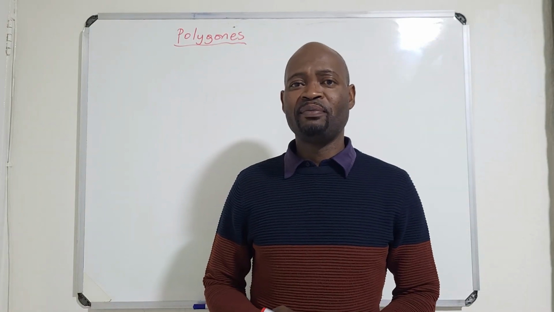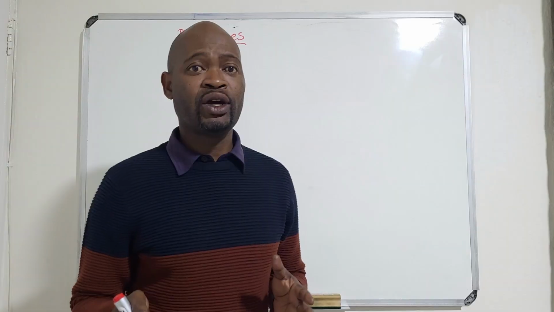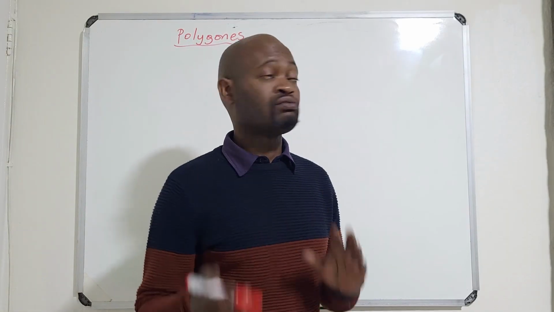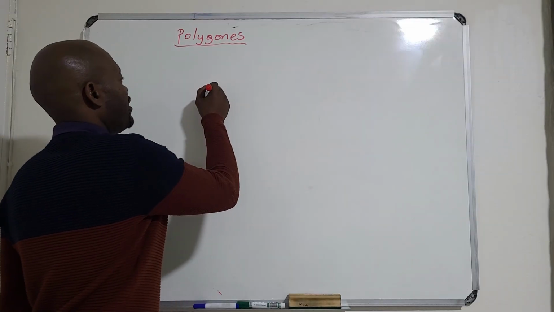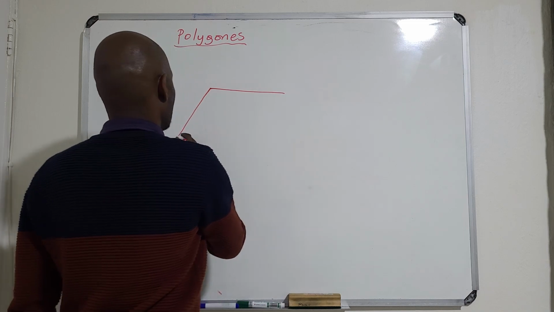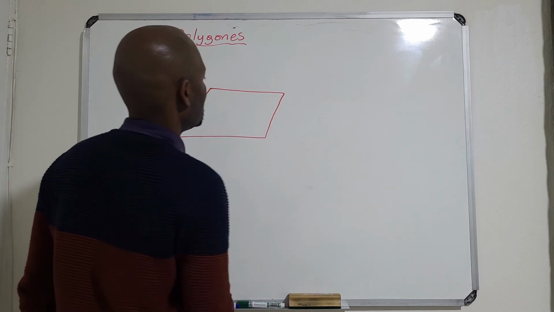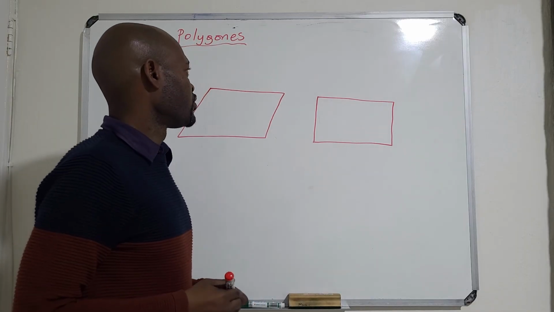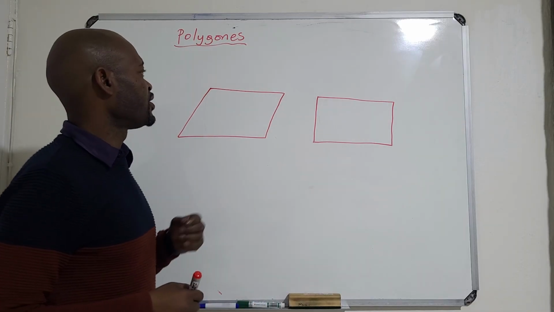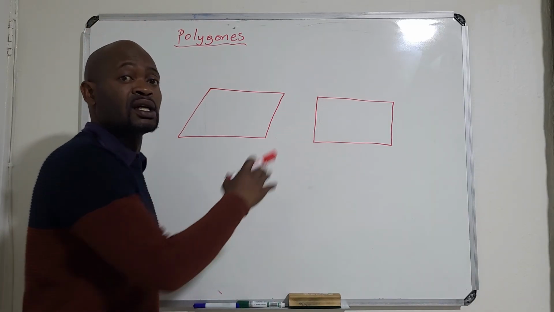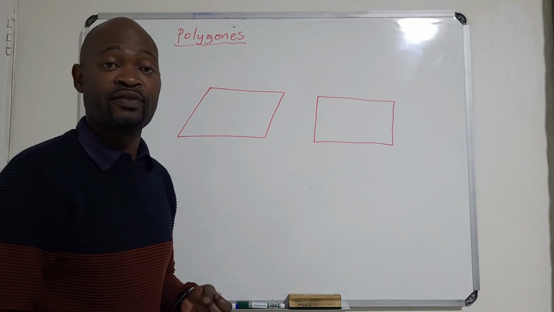Now, what do I mean by polygons with the same number of edges? Similar, if I have a parallelogram, since we know from our explanation that similar polygons must have the same shape but different sizes.